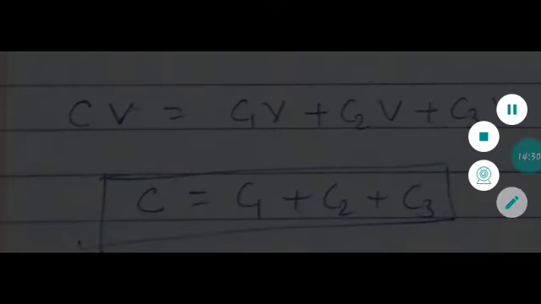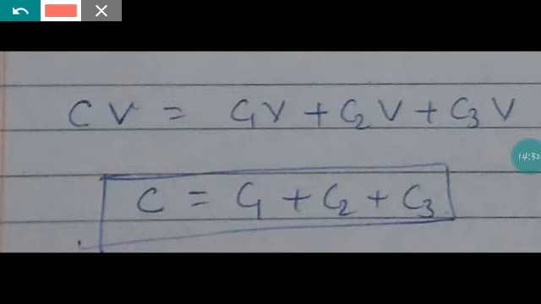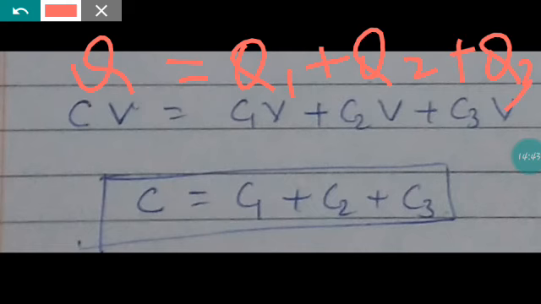So we can write here, we have taken plus Q now, capital Q, so capital Q is equal to Q1 plus Q2 plus Q3. As we know, capacitance C is equal to Q upon V. So Q is equal to C into V, by cross multiplication.